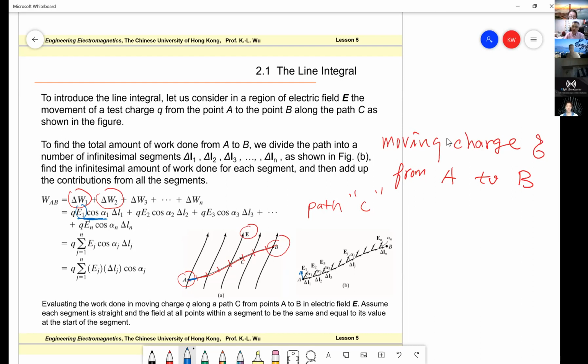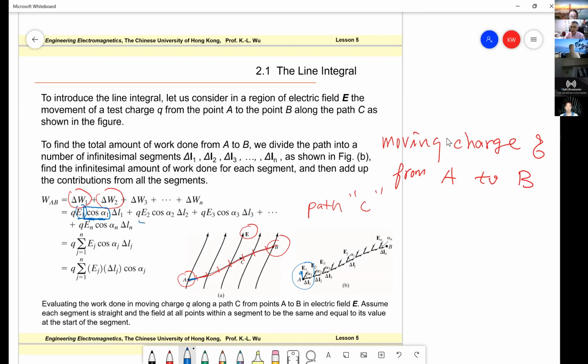Therefore I have to multiply by cosine alpha 1. This alpha 1 is defined here, to make sure I collect the force in the same direction as my path C, right?